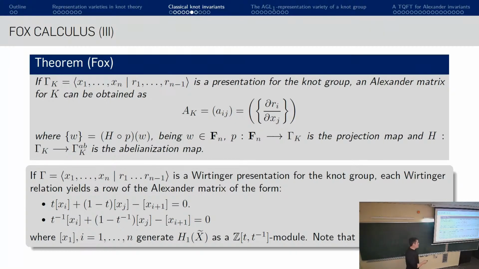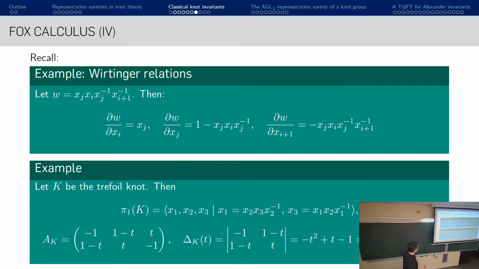It's always the same equation. Those xi are generators of the H1 of the Alexander module, and the relations, which are the entries of your matrix, are like this one. And as I said, the abelianization is generated by T.